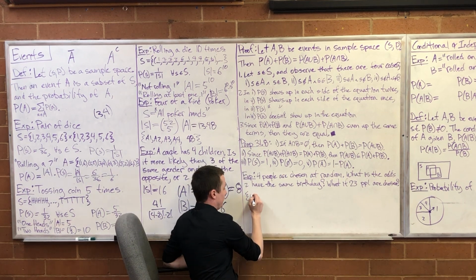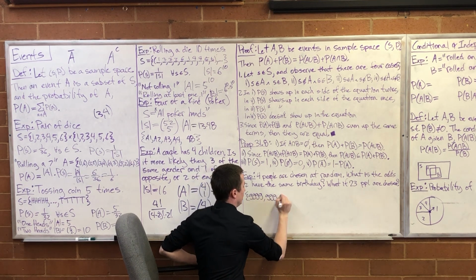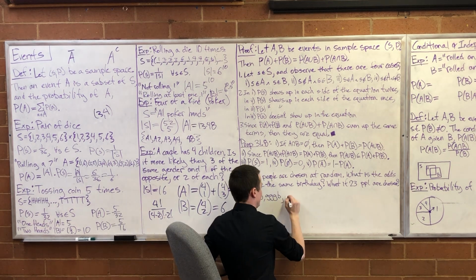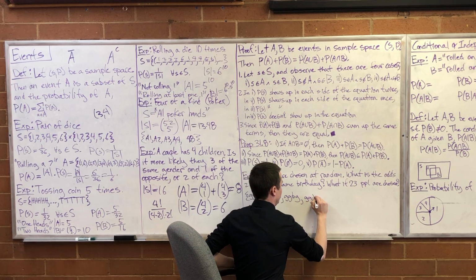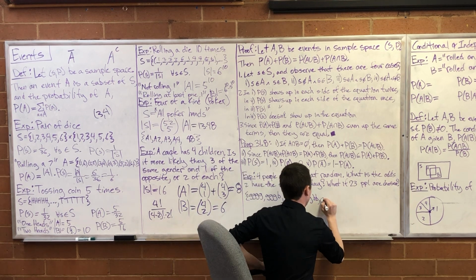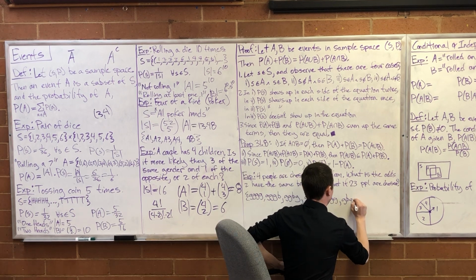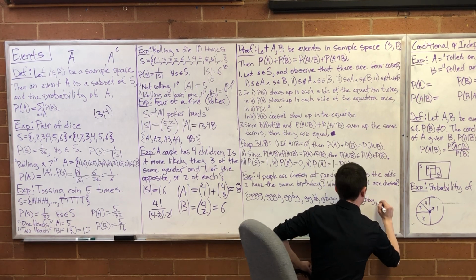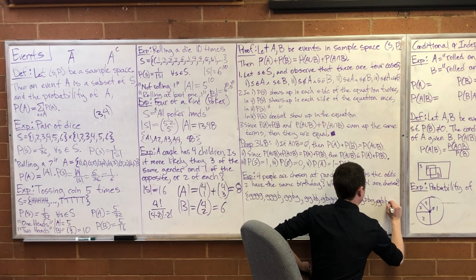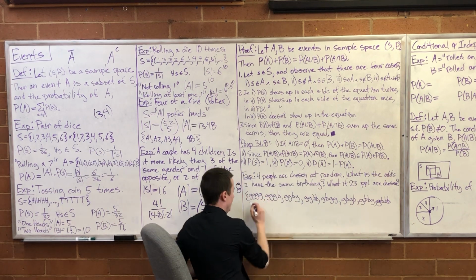We could have girl, girl, girl, girl; girl, girl, girl, boy; girl, girl, boy, girl; girl, girl, boy, boy; girl, boy, girl, girl; girl, boy, girl, boy; girl, boy, boy, girl; girl, boy, boy, boy. Is that 8? Good, got them all. And then down here, repeat, but make the first one a B instead of a G.